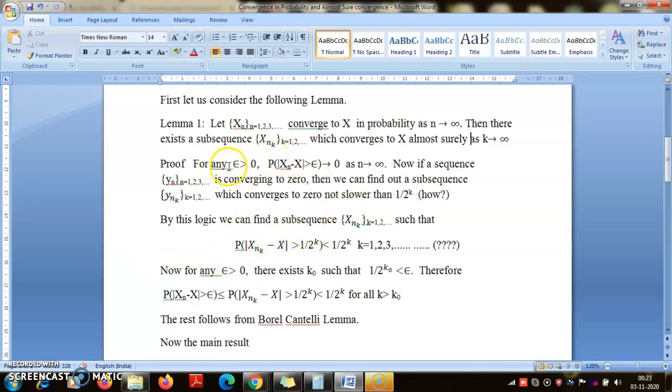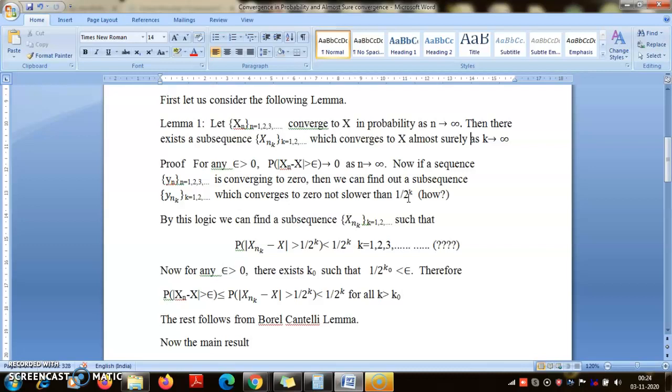Convergence in probability means that for any epsilon, the probability that mod Xn minus X exceeds epsilon will become smaller as n tends to infinity. So these are like my Yns. Since Yns are becoming small, I will apply the definition of convergence and take epsilon equal to 1 by 2 to the power k. For example, if I take epsilon equal to half, then I will find an n1 such that Yn1 is less than half.